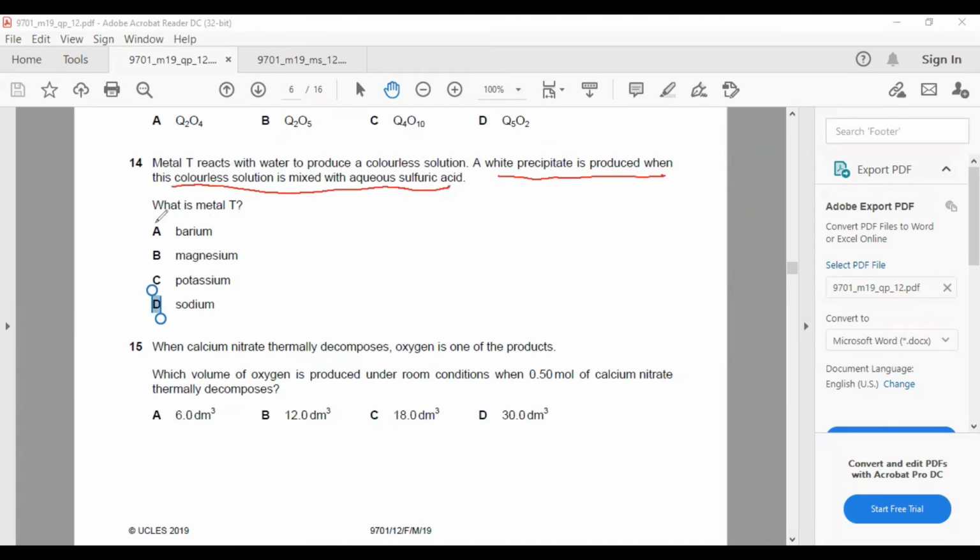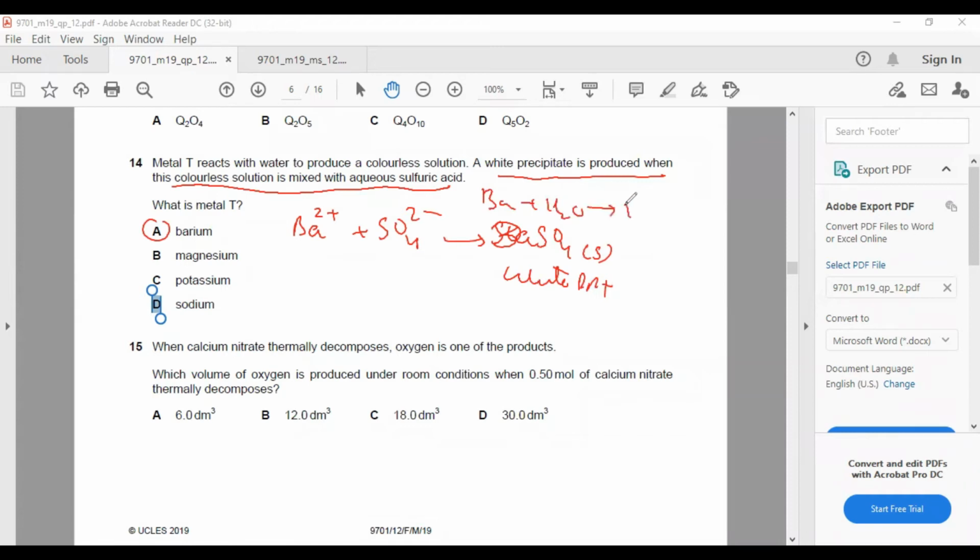This is very common: barium reacts with water to form barium hydroxide solution plus hydrogen. The barium ion and sulfate, as we know from O level, form barium sulfate, a white precipitate.